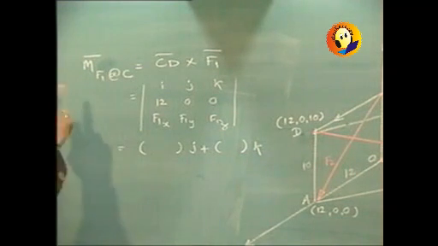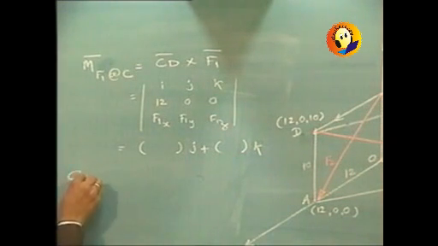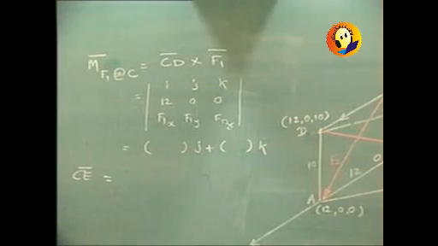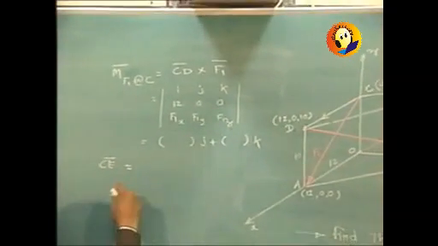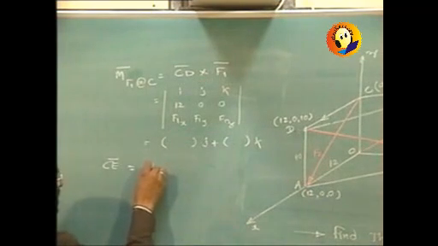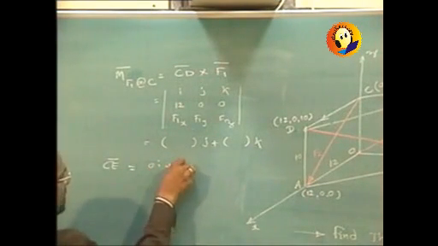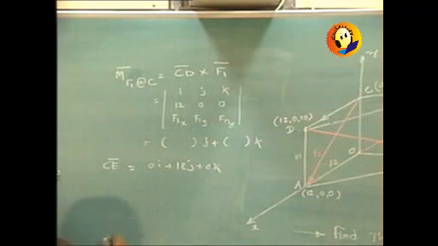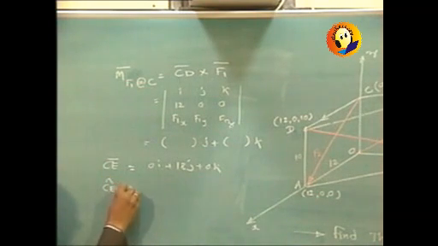Once we find the moment about C, then let us find out CE bar. Now CE bar in this case comes out to be E minus C, that is 0i plus 18j plus 0k. So CE bar comes out to be 18j. Then find out CE cap, which will be simply j.